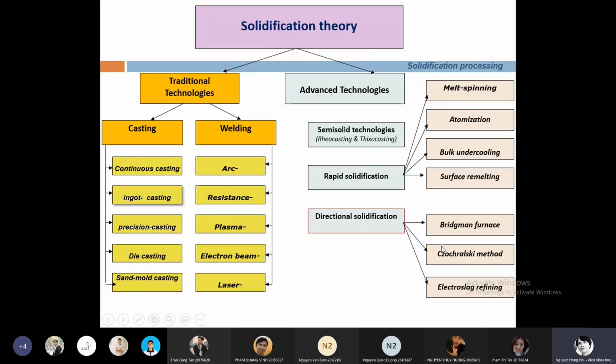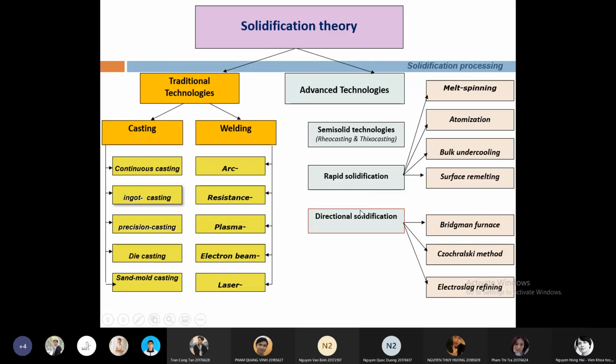The single silicon crystal we have seen is prepared by the Czochralski method. Bridgman furnace and electroslag refining. This is a very high cooling rate for rapid solidification. For this technique, the cooling rate is very low, the opposite of rapid solidification.